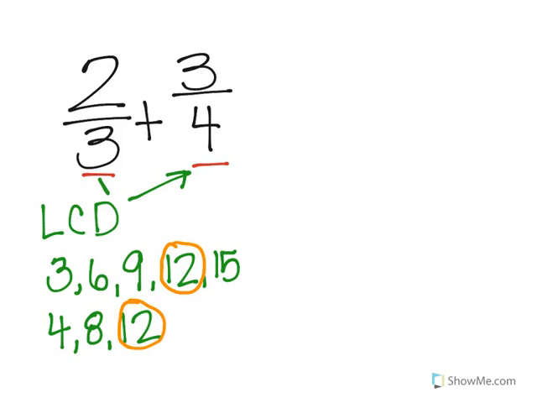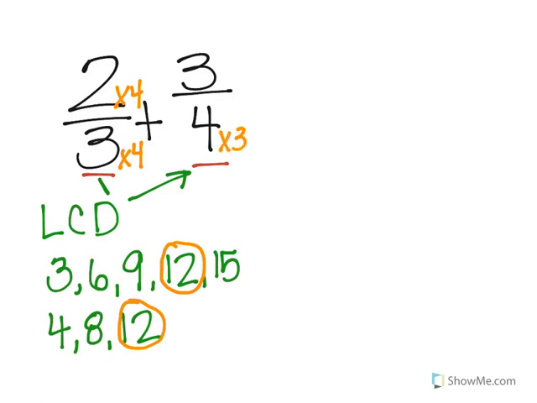All right? So now we can go back and look at these fractions. Well, I know I have to multiply 3 times 4 to get 12. Whatever you do to the denominator, you have to do to the numerator. So 2 times 4. Now, I know 4 times 3 will give me 12.